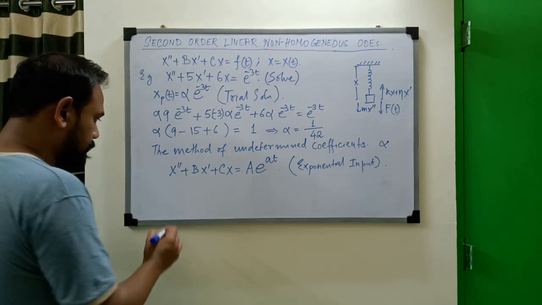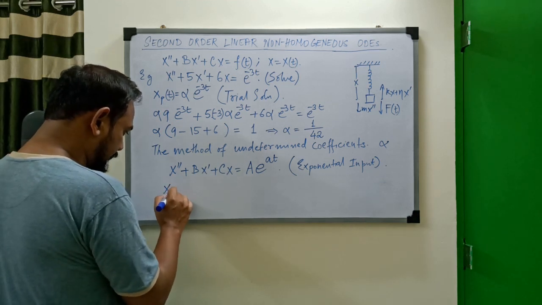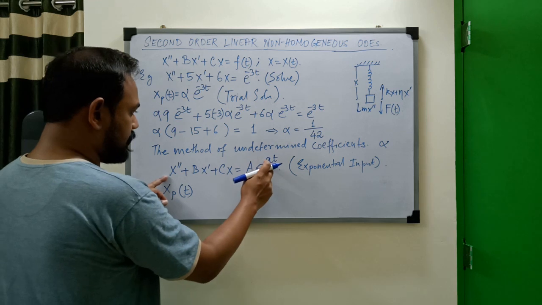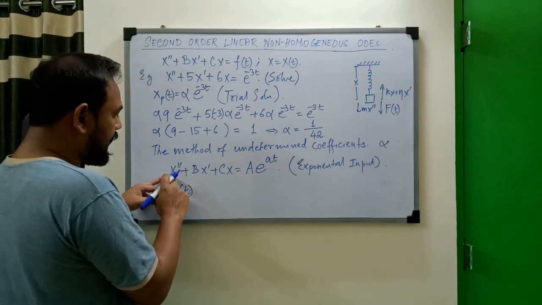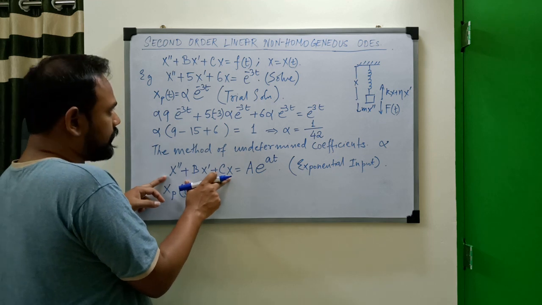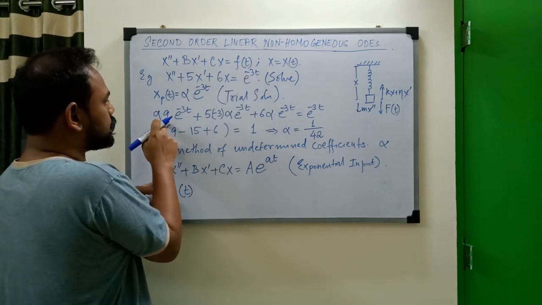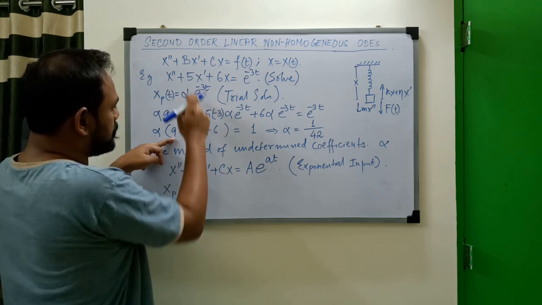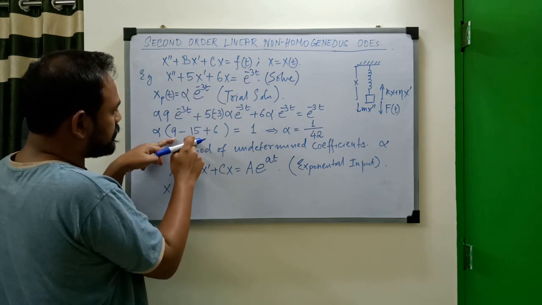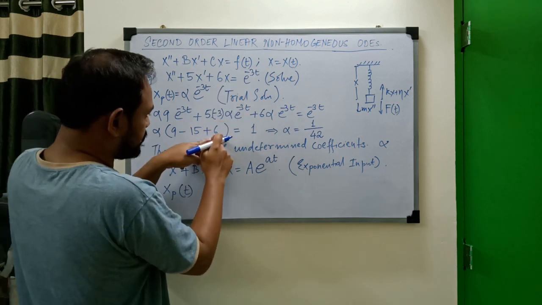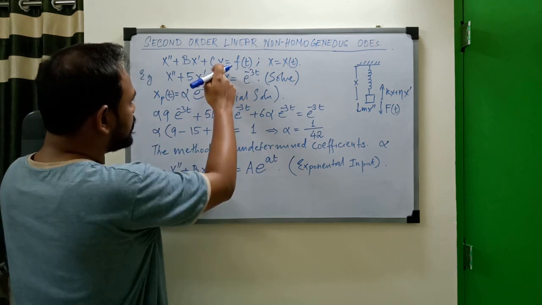If you have a differential equation of this kind, then what would be the solution? The particular solution, xp, as long as this a square plus ba plus c is not 0. Okay, that's what we did. We got 3 square minus b is 5 minus 3 plus 6. That is c.